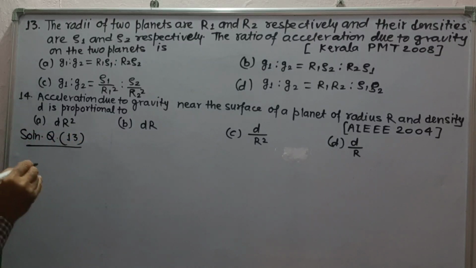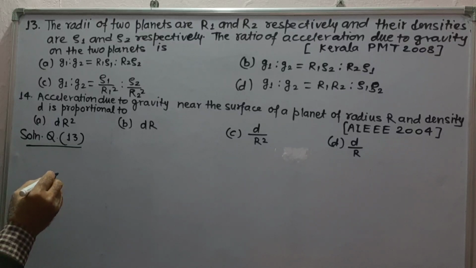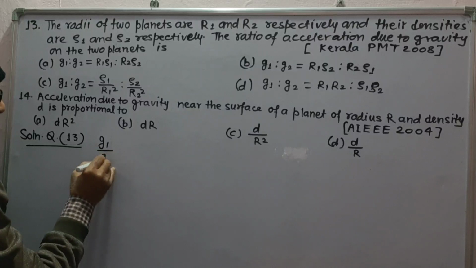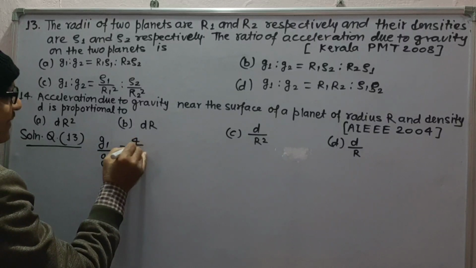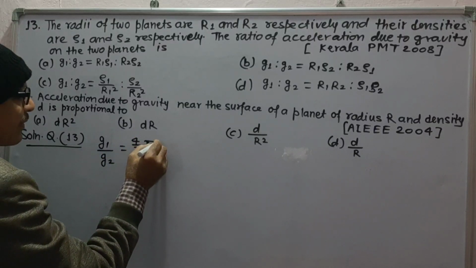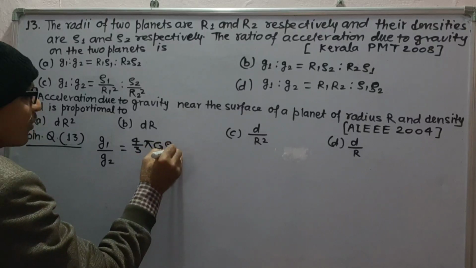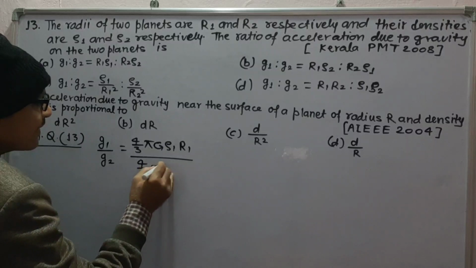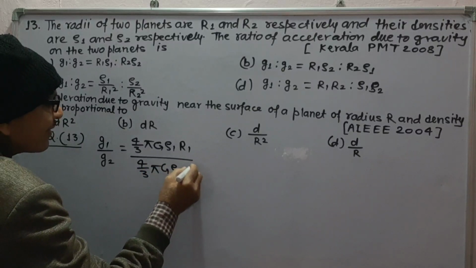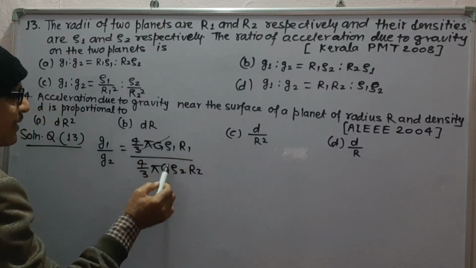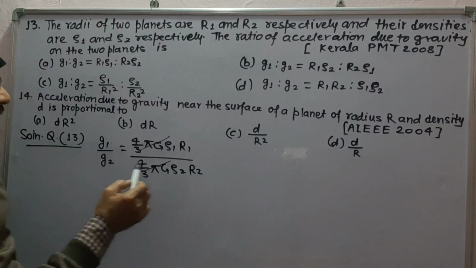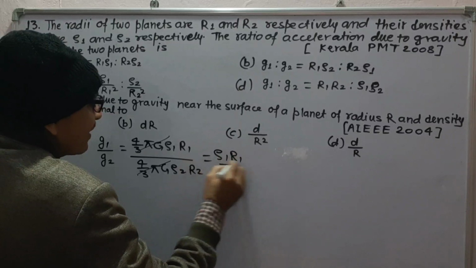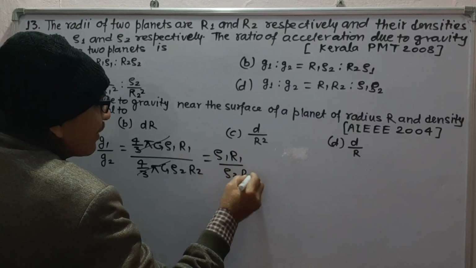If g1 and g2 are the acceleration due to gravity on two planets, then the ratio g1 upon g2 will be equal to 4/3 pi g ρ1 r1 upon 4/3 pi g ρ2 r2. 4/3 pi g cancels out and the required ratio is ρ1 r1 upon ρ2 r2.